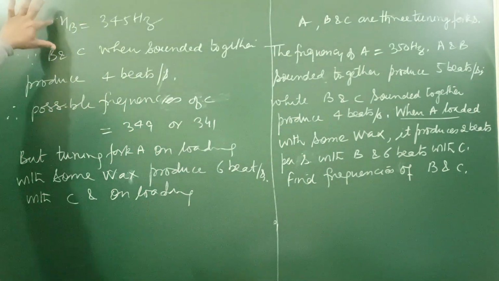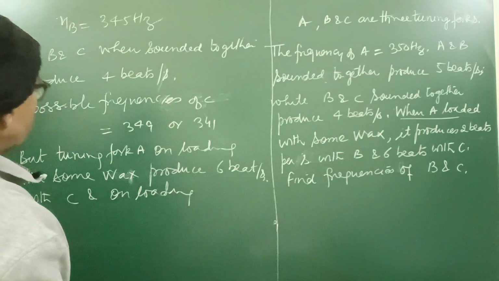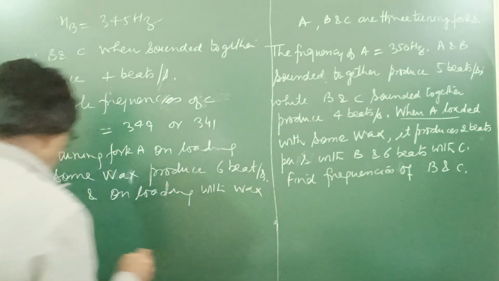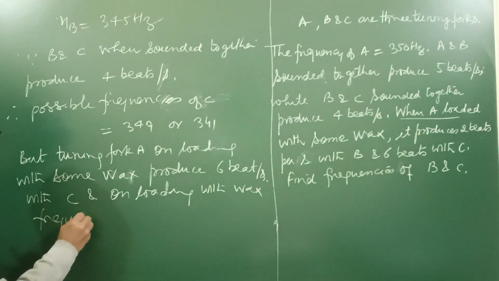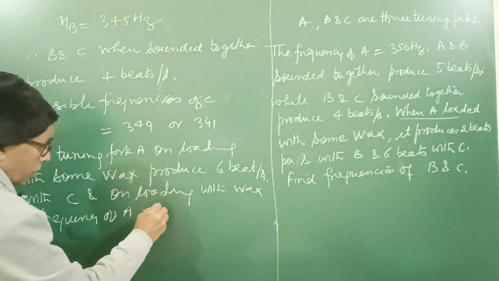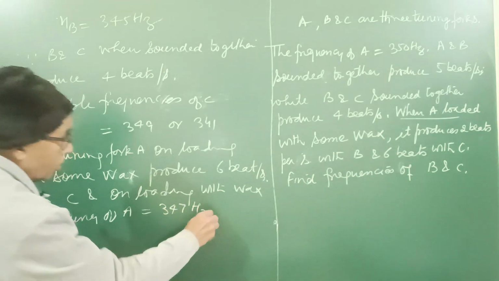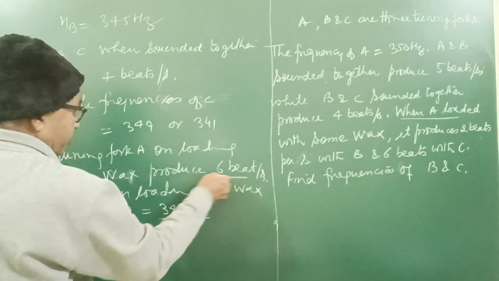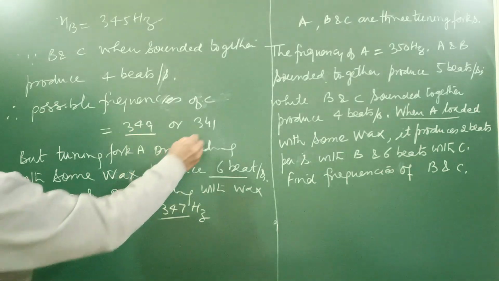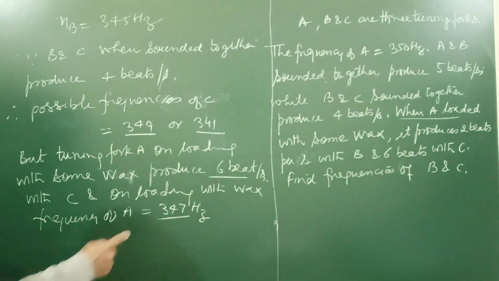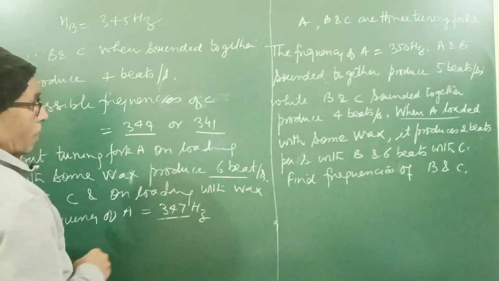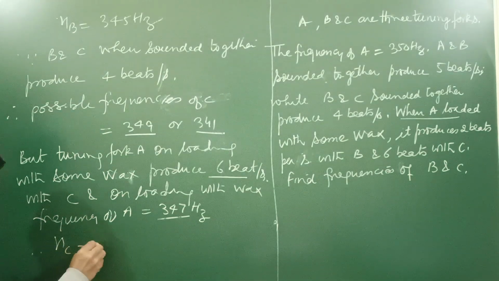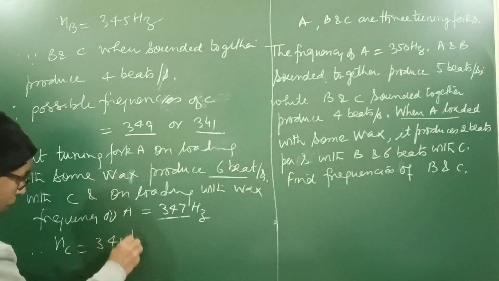So the frequency of A has reduced to 347, that is, on loading with wax the frequency of A is 347 Hertz. So who will give 6 beats per second with 347? This will not give it, only this: 347 minus 6 is 341, and therefore nC is equal to 341 Hertz.